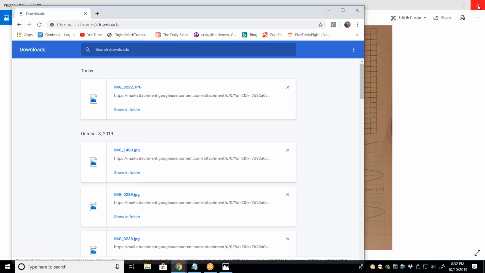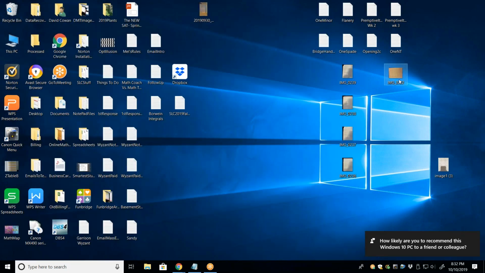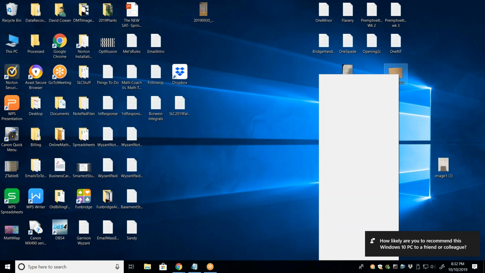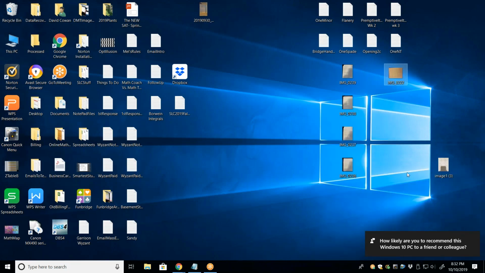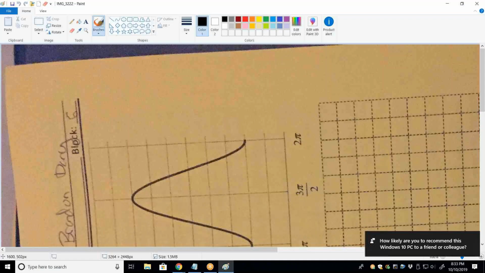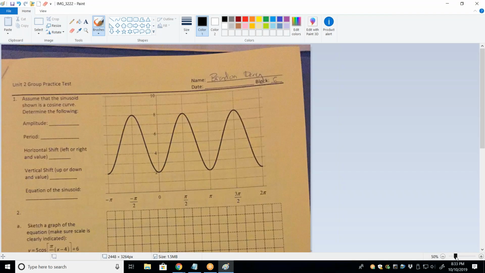Hold on. All right. Wow. What happened? Try that again. Okay, I got it now. Let me open this with paint and I'll be able to rotate it. I'll rotate it 90 degrees to the right and shrink it.